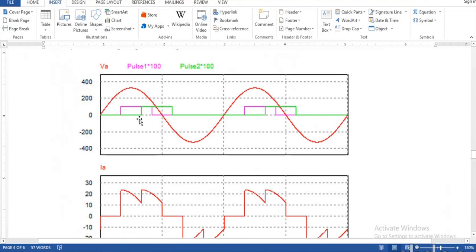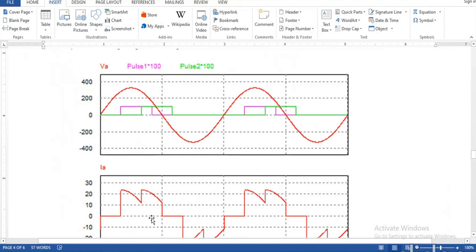And when I apply a pulse for device number 2, which is staggered from the first one by 60 degrees, at this point again VAC by 2 will appear. So this is VAB divided by 2, and this is VAC divided by 2.